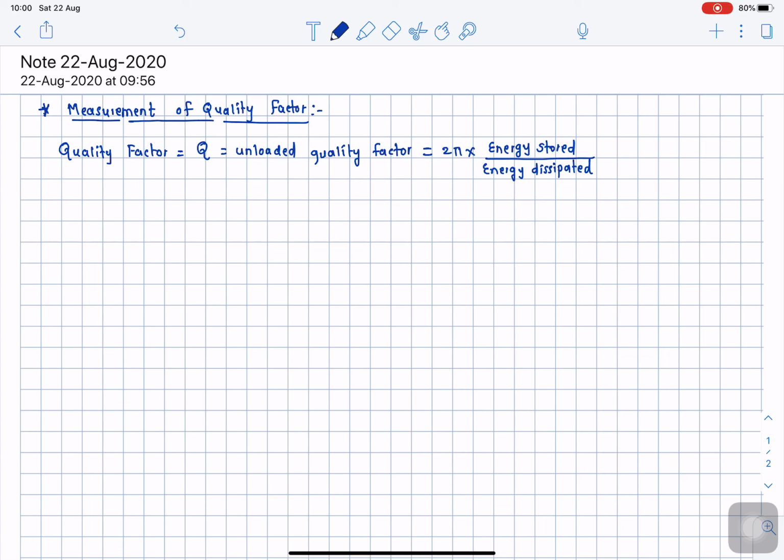The quality factor indicates the ability of the circuit or the device to store energy. The energy is stored by that device or circuit in the form of reactive field, right? We already know that the impedance consists of two parts, real part and imaginary part, and the imaginary part is mainly responsible for storing the energy, either as inductive energy or capacitive energy.